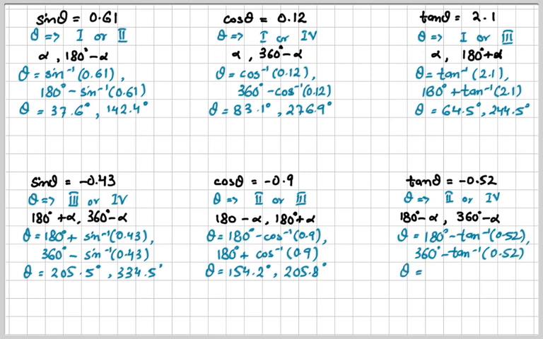So the final answers are: 180 minus tan inverse 0.52, this is 152.5, and 360 minus tan inverse 0.52, so it should be 332.5. So that's all dealing with the trigonometric equations.